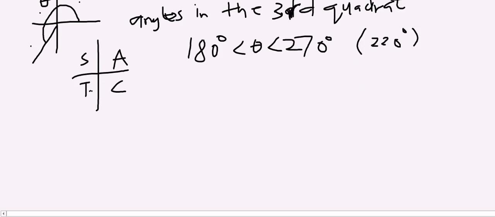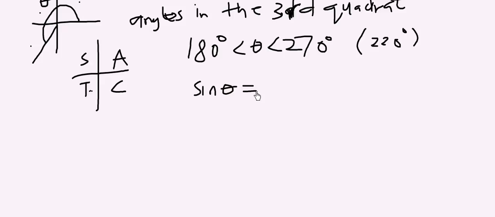So how do we operate here? We find out that sine theta in this quadrant is simply minus sine 270 minus theta, because tan is positive in this quadrant, sine is negative.